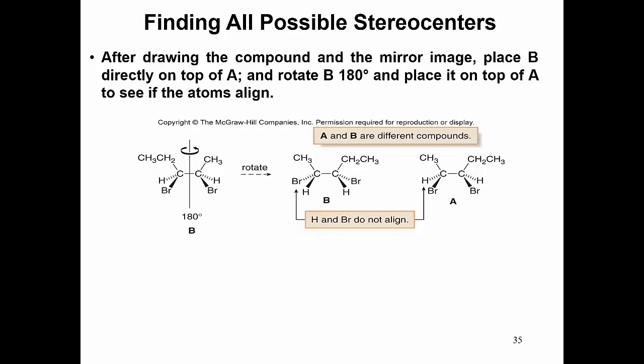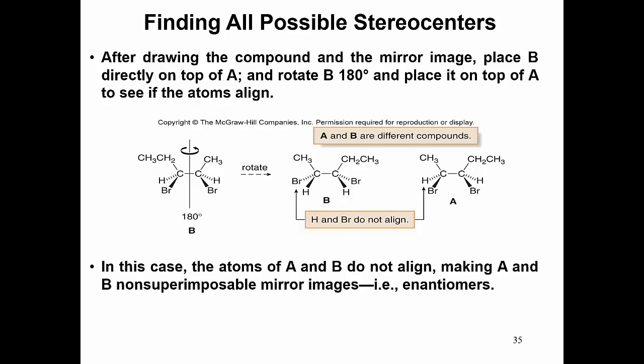All right, and now you can see, if you try to rotate these things, they don't align, and so on. So again, by using models of each, this is trivial. You can just see right away that they're not the same.